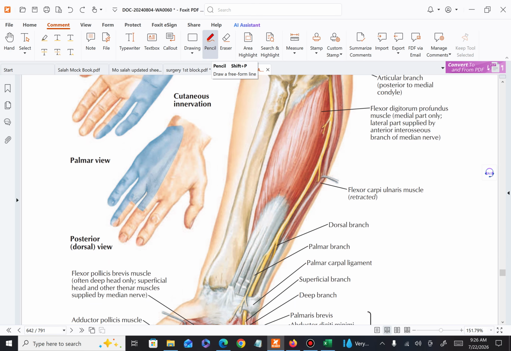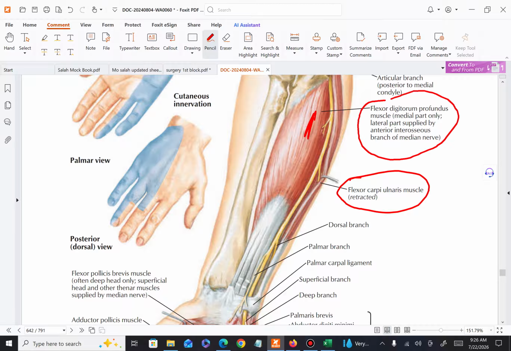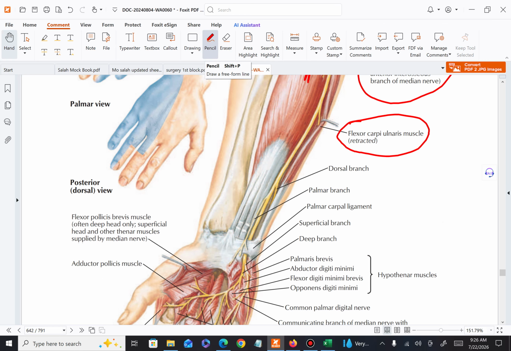In the arm, there is no branch of the ulnar nerve, but in the forearm it supplies the flexor carpi ulnaris, the full muscle, and the medial half of the flexor digitorum profundus.